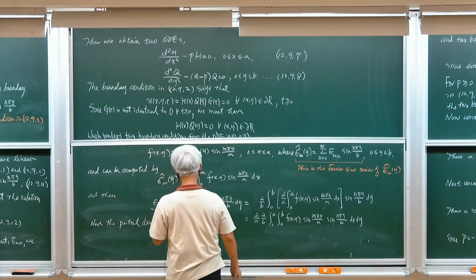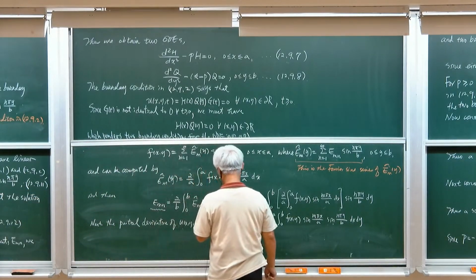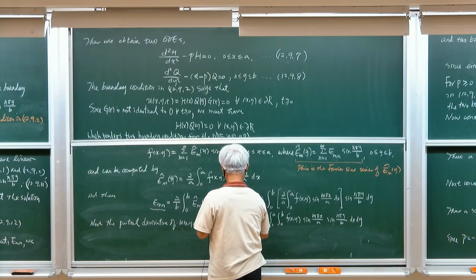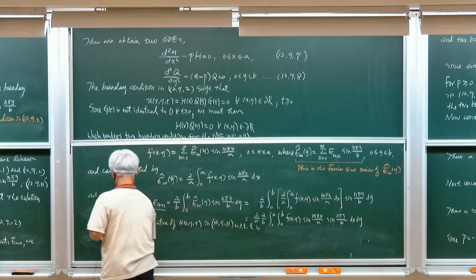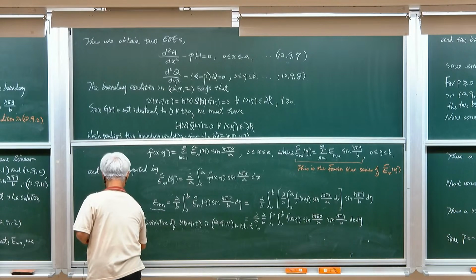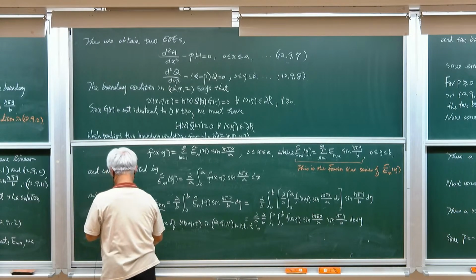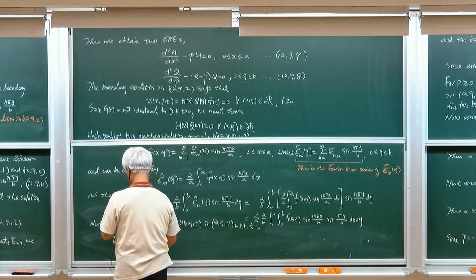So the partial derivative of the superposition with respect to t is u_t(x, y, t).